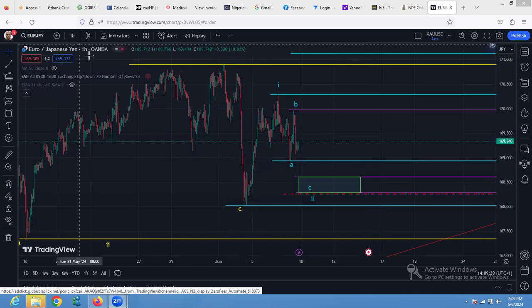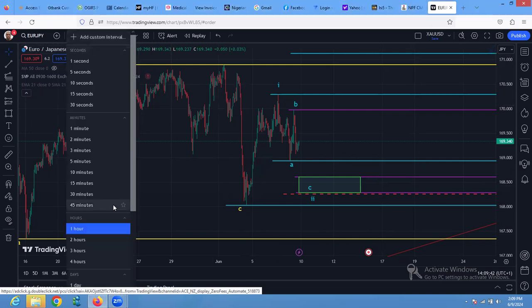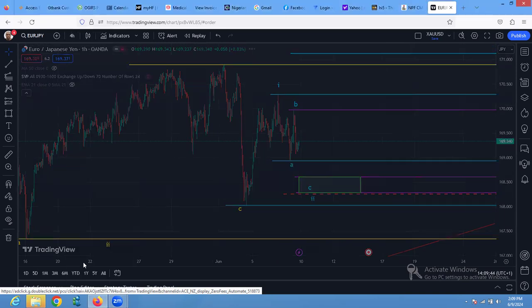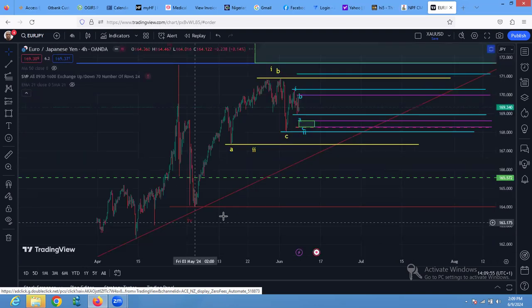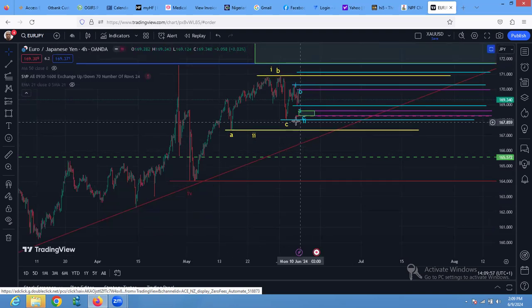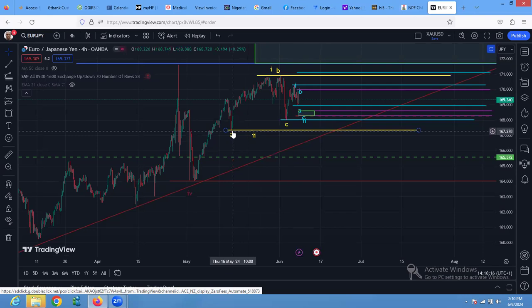Something is wrong on this particular time frame that we are seeing. It means again that if we go to a 4-hour time frame, if price should break this zone, break this red, then it means that this is not the low of your wave 2.